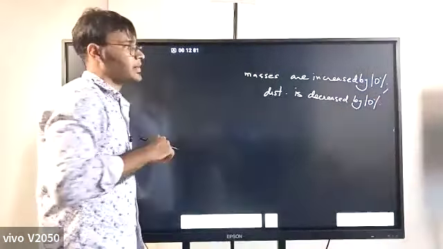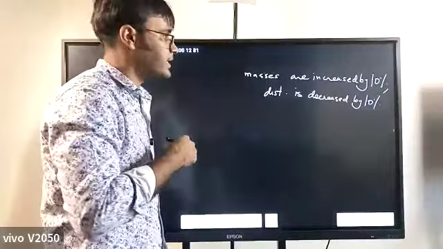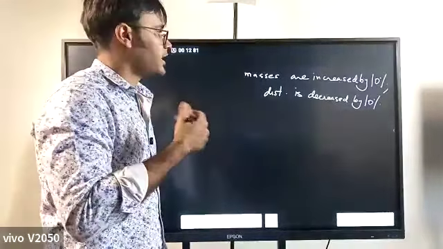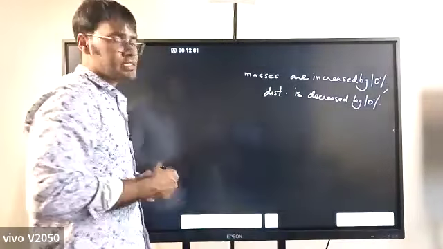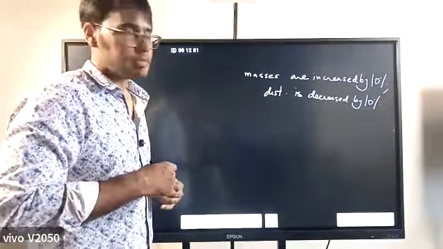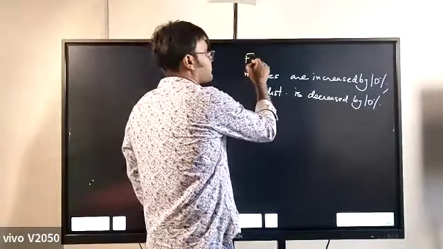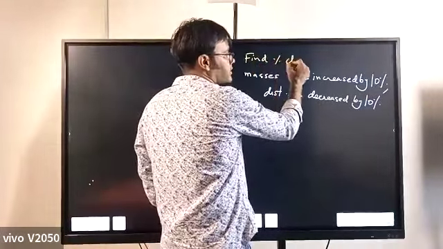So masses are increased by 10%, distance is decreased by 10%, find the percentage change in force. Now obviously this is a little bit more calculation, but the concept is the same. Find the percentage change in force.